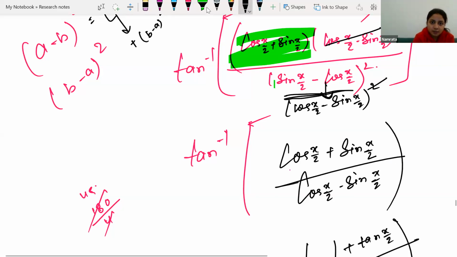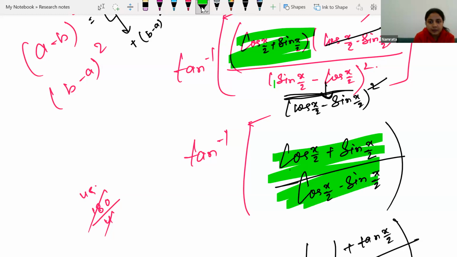Can you see this step? This one. Tan inverse of this one. The way we have solved from here.